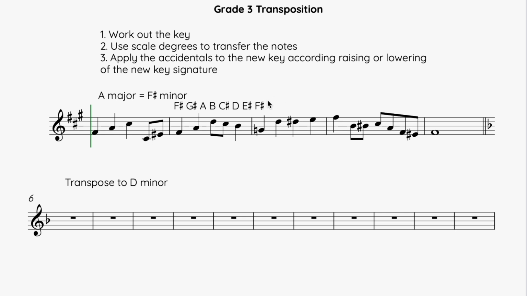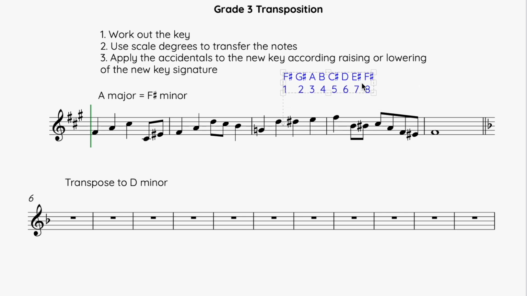All right, so there are the notes of the scale. Now what we should try and do is number them. 1, 2, 3, 4, 5, 6, 7, and of course 8.